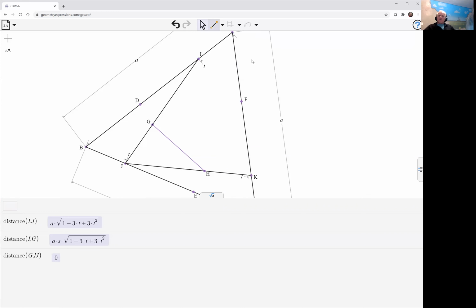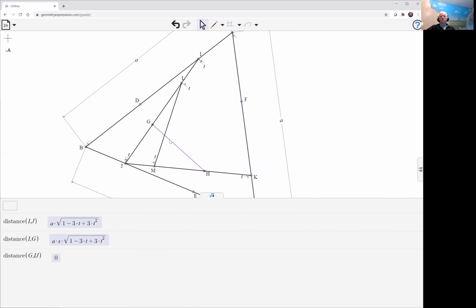So I'm now going to draw the final line that's going to construct my cubic spline. This line is going to be tangential to the cubic spline. L needs to be proportion T along that line, and M needs to be proportion T along this line. And so what do I want to show?